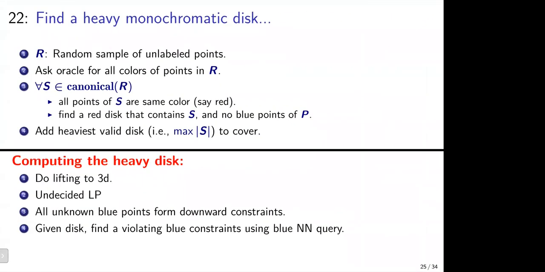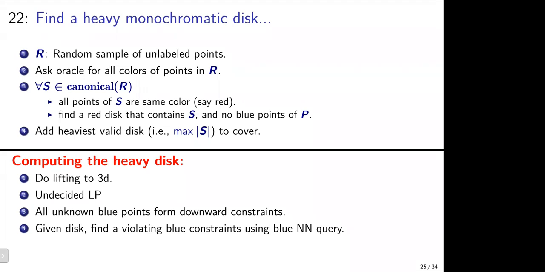Okay, so computing the heavy disk, how do we do that? It turns out that the trick is, as you might expect, just lifting to 3D. If you do lifting to 3D, the points become planes, and the constraint is that a red point becomes an upward constraint, a blue point becomes a downward constraint. Now what we want to do is find a feasible point in this undecided LP where the twist is that we are ignoring all the red constraints.